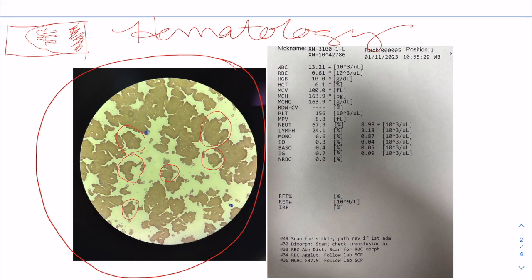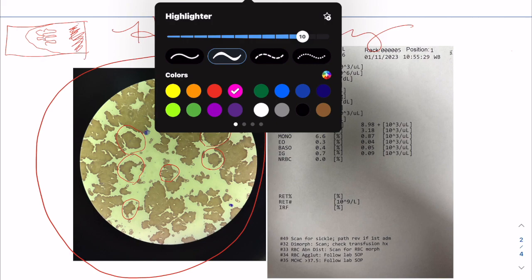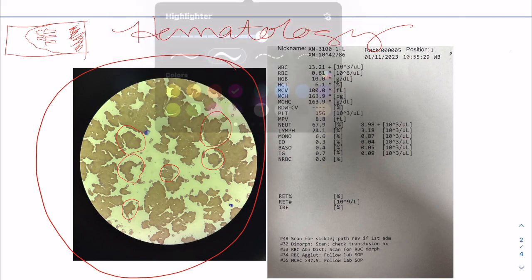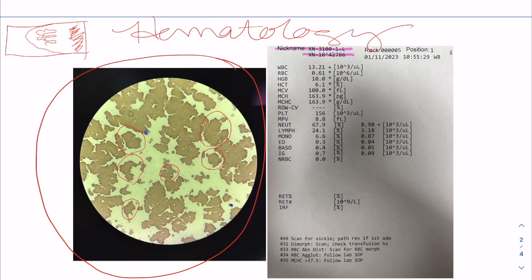Some of our other clues, and I'm going to use my highlighter: this is what your complete blood count is going to look like. There are no names, because this is patient information and we're not sharing that. This is a complete blood count, CBC.